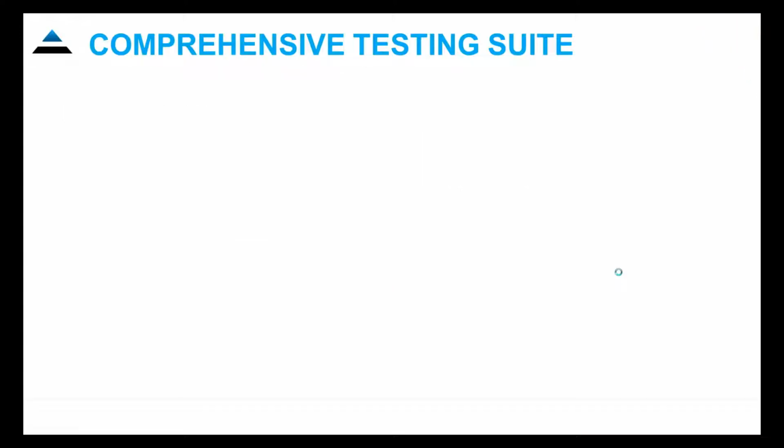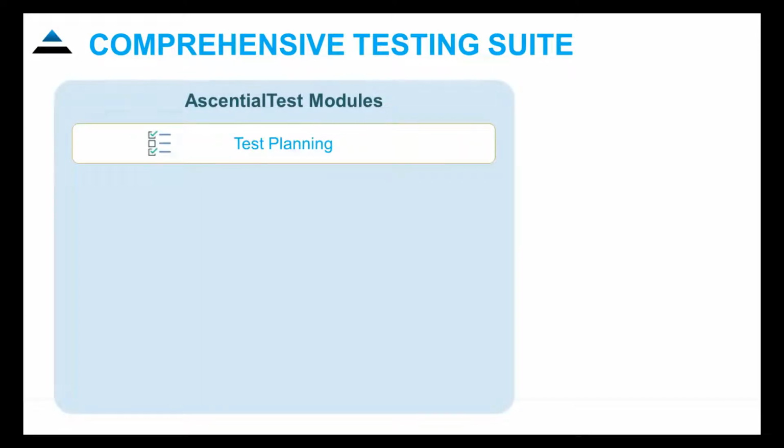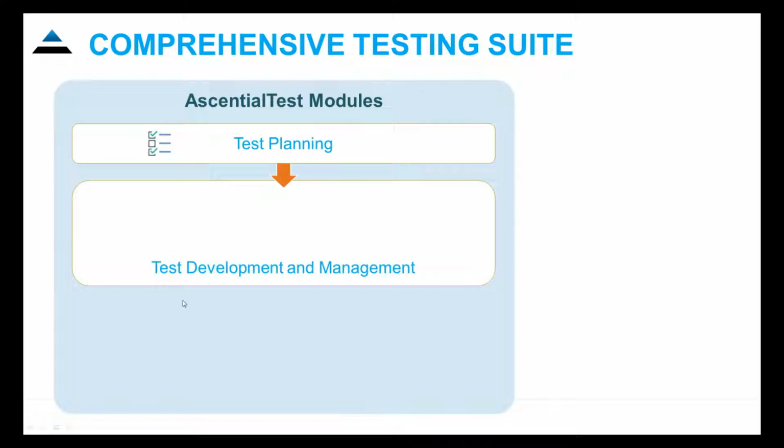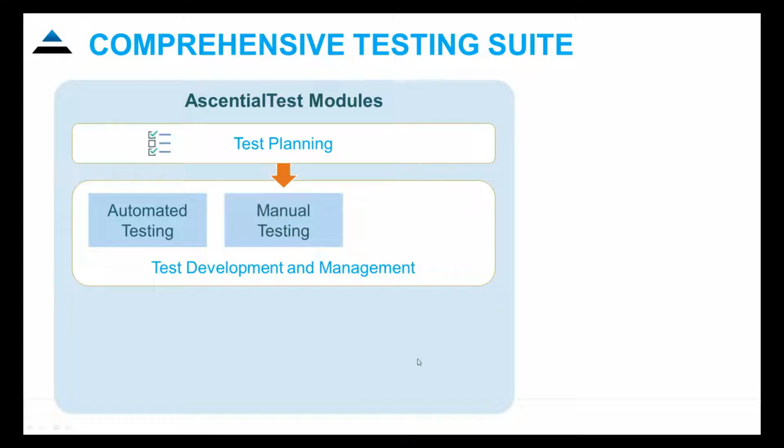AscentialTest started out as an automated testing tool, but it's much more than that today. It's a comprehensive testing suite. We start with test planning. We have modules for test development and management for automated testing, manual testing, and test data management.